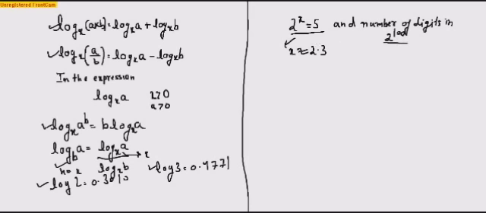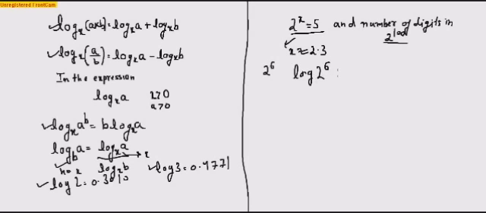For this, let's take a step back and try to find the number of digits, say in 2 to the power 6. If I find the number of digits in 2 to the power 6, on taking log, I get log of 2 to the power 6. Once again, base I am keeping as 10.